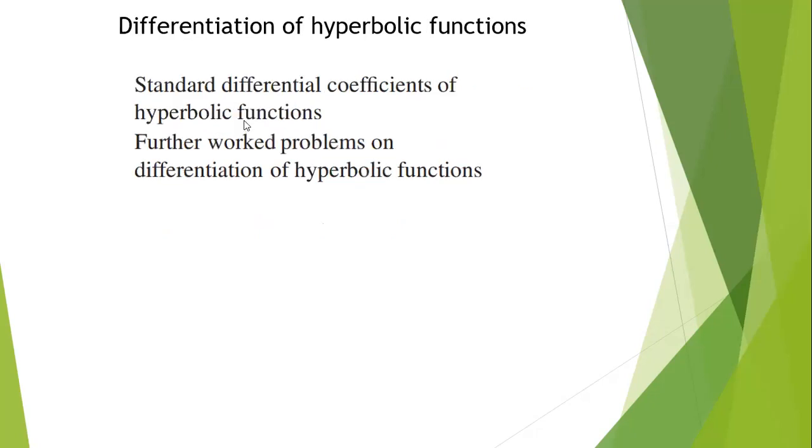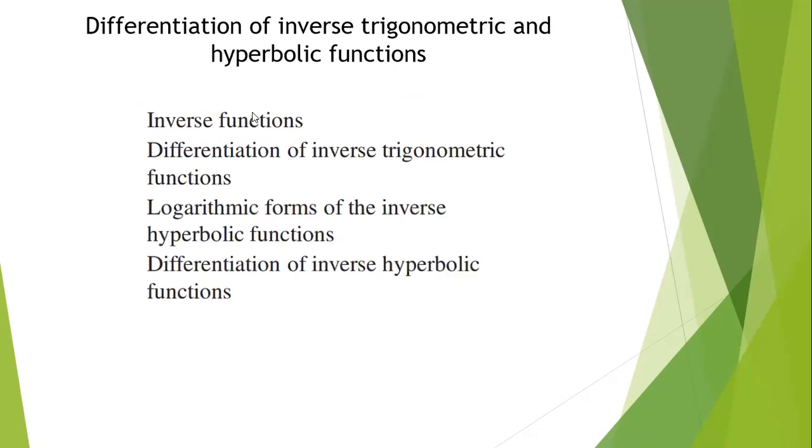Then we'll look at differentiation of hyperbolic functions, which I believe you did the introductory part of, and we are going to go into details. Then we'll look at differentiation of inverse trigonometric and hyperbolic functions, which I believe you also touched a bit, but we are going to do the detailed part.